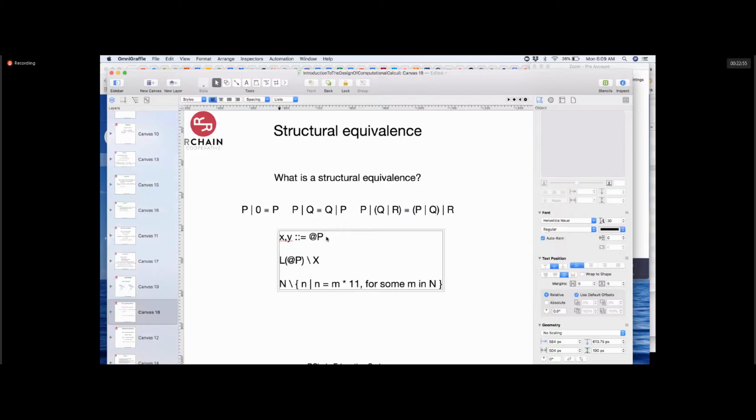So as long as the names that you're injecting were part of L @P, you're fine. What I'm saying is, as long as I get to map onto X, so let's make this even more concrete.